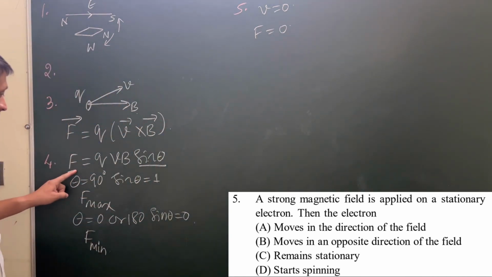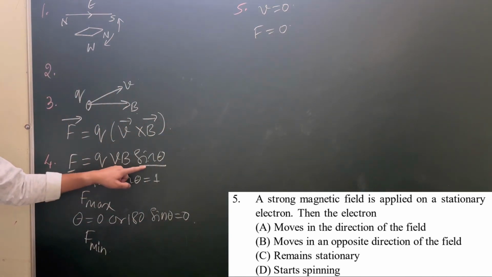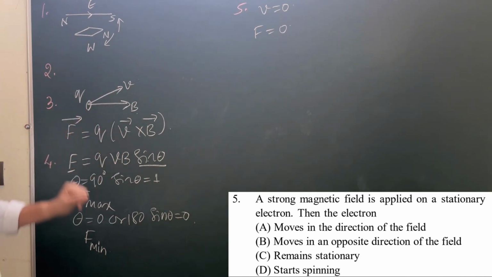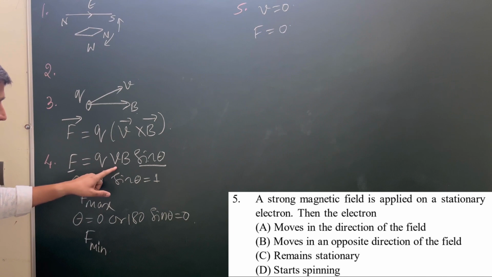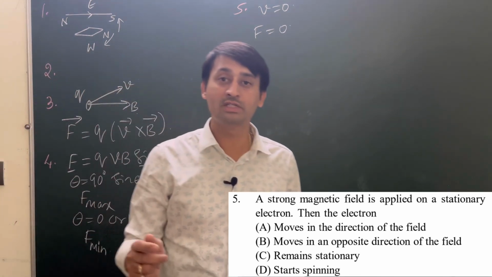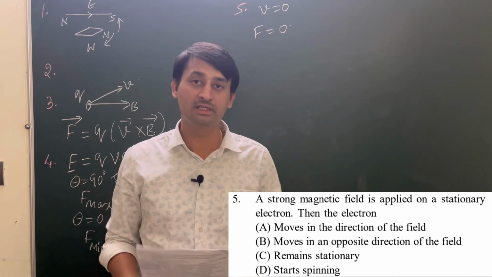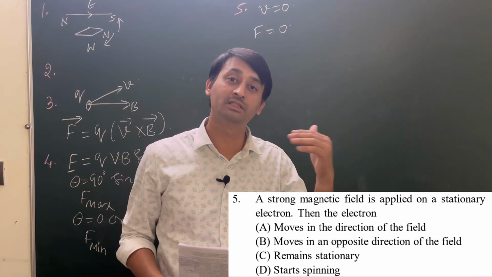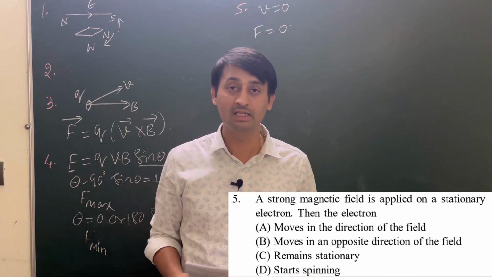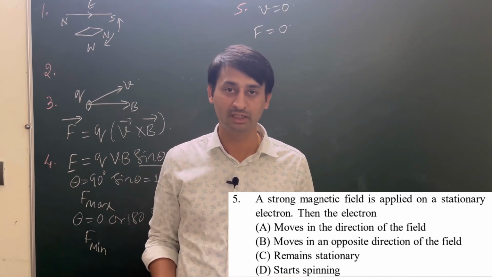The force expression is F is equal to qvB sin theta. Electron is stationary, so velocity is equal to 0. Velocity 0, so force value is 0. When force is 0, initially the electron is stationary and it remains in the stationary state only. So option C is the correct answer, remains stationary.